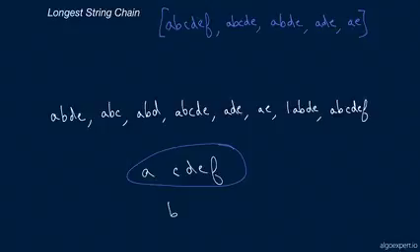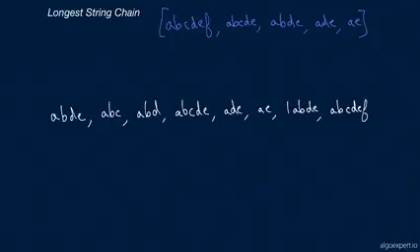That's the first thing to realize. So I'll repeat this, and let me erase this here. Every single string in the array of input strings has one longest string chain for which it is the largest string. So for instance, ABDE has some longest string chain where it is the longest string, meaning it is at the head of the chain.